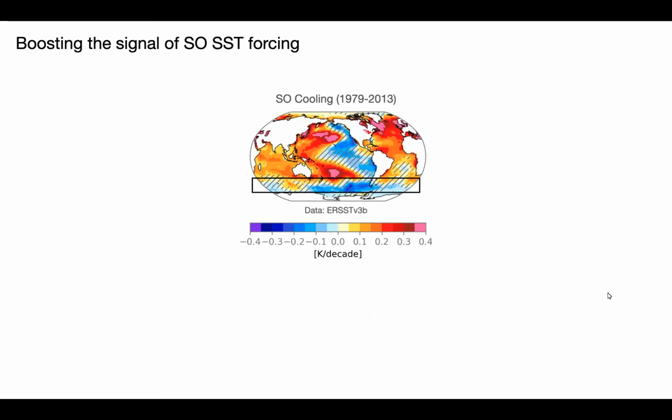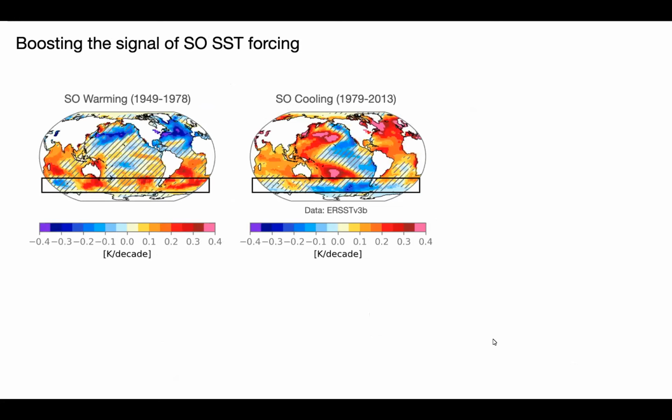What's new here is I'm going to show you some preliminary results where we also simulated the earlier phase where the Southern Ocean warmed. And if you look at the pattern, it does correspond to a weak tropical warming over the Pacific, as well as some pretty significant warming over the tropical South Atlantic.